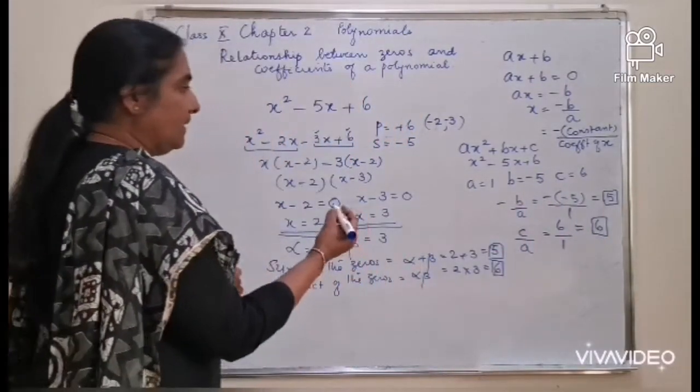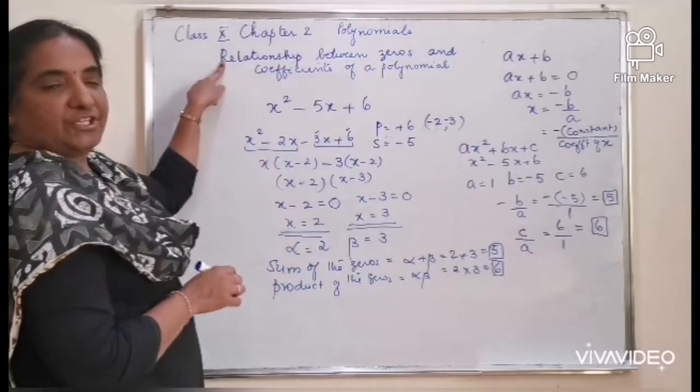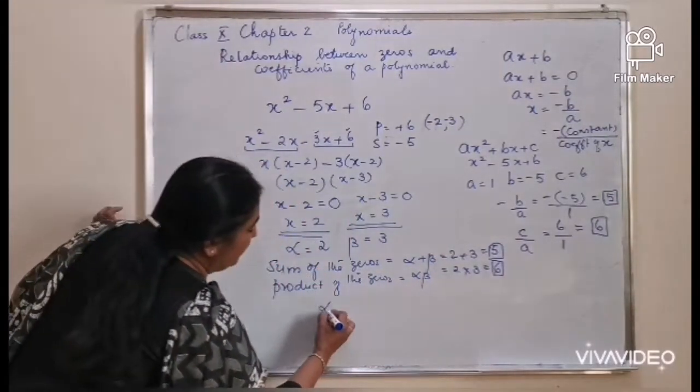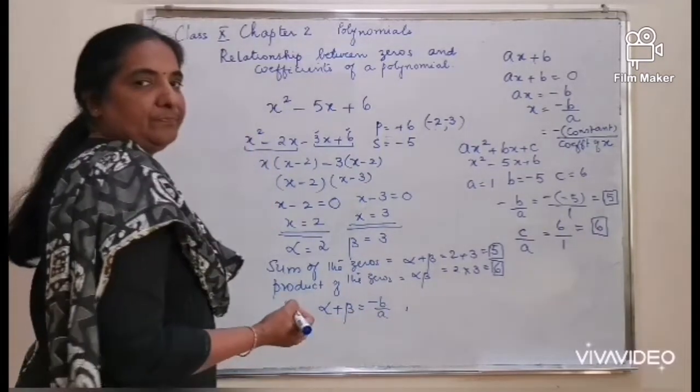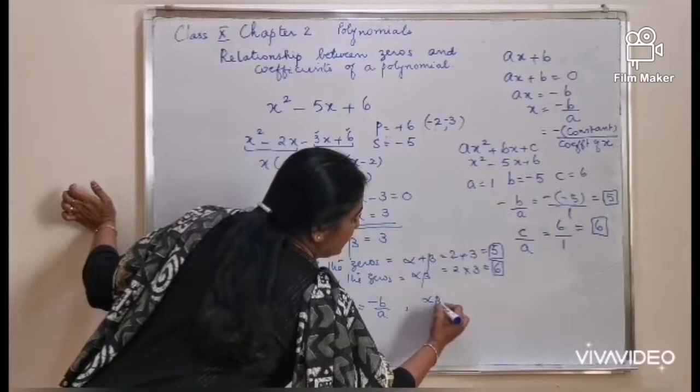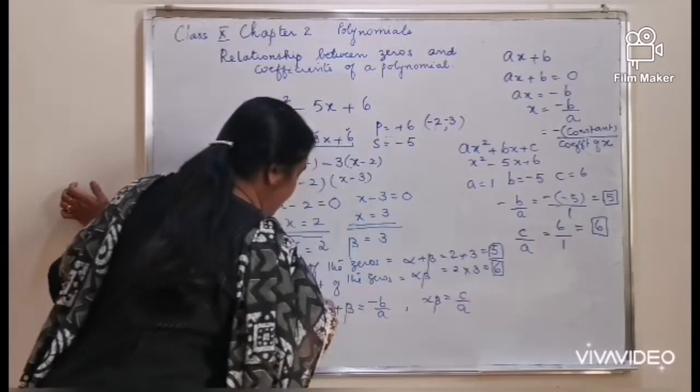Thus, the rule or the relation is alpha plus beta is equal to minus b by a and alpha beta is equal to c by a.